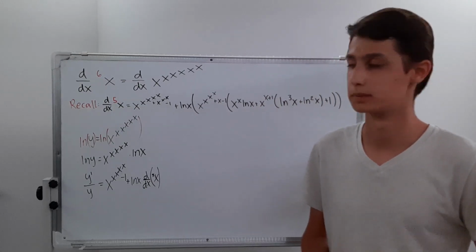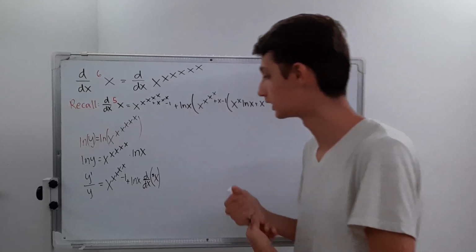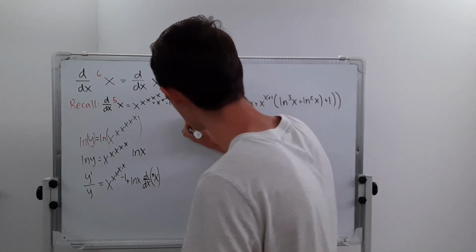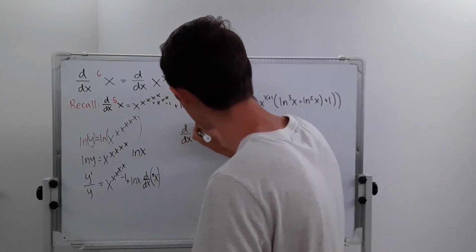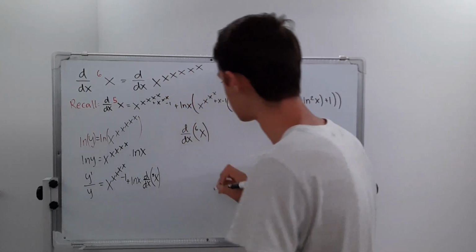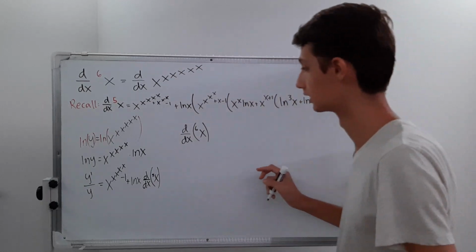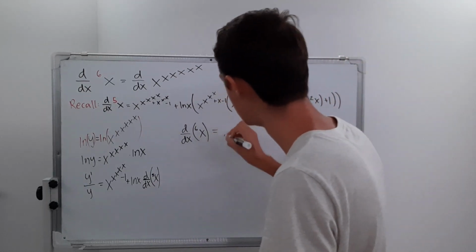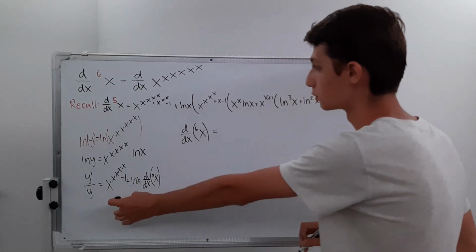Okay, I just cut a little bit because I wasn't really happy with how I was doing, but let's just continue. So the derivative of the sixth tetration of x, and I'm going to have to use all this space. I'll just box it at the end, so it's okay. This is going to be equal to, so let's first multiply y.